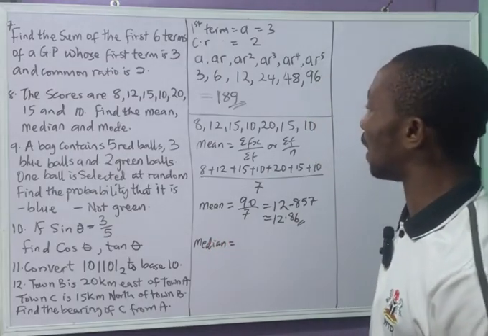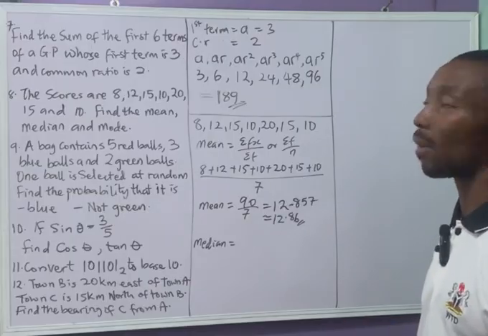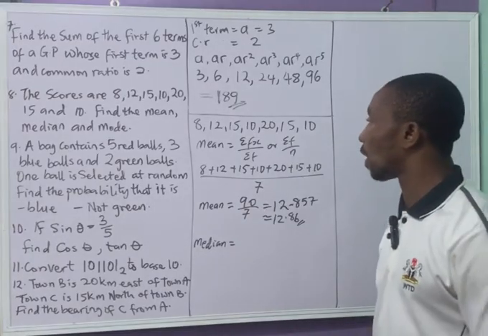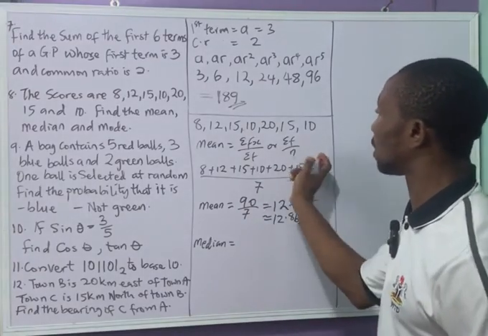Now, talking about median. Median is the middle number when arranged in ascending or descending order. So let's arrange this in ascending order.